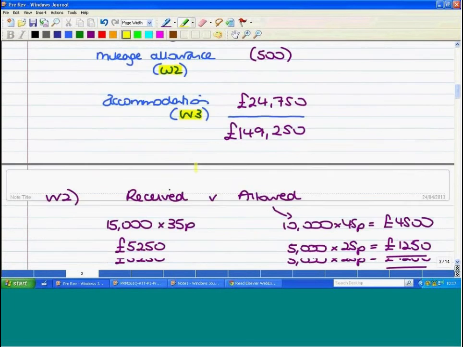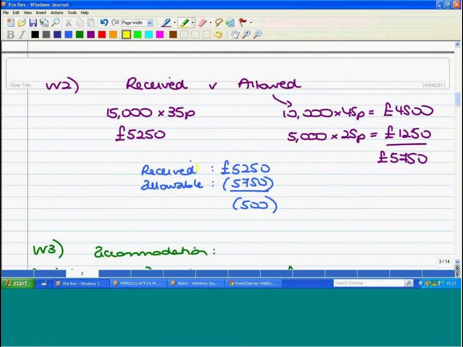Now, if we have a look at the mileage allowance first, we can use page 1 of our tax tables, and we're basically looking at what has he received and what was he allowed according to the mileage allowance rates. Now, he has received £5,250 because he's got his 35 pence for each of the miles. But as per our tax tables, he's only allowed 45p for the first 10,000 and 25p for the remaining 5,000.